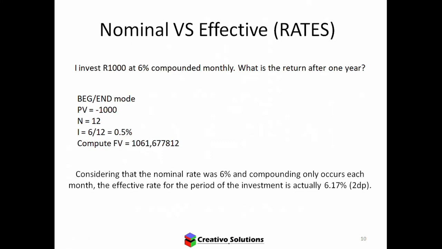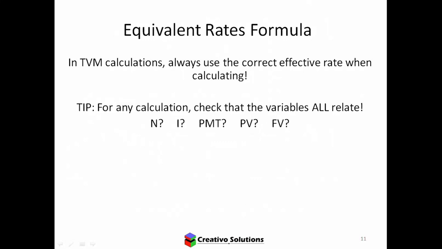So in order to do the calculation, if I'm working out the actual growth, in other words, I started with 1,000 and I ended with 1,061.677812, that actually gives me an effective rate for the overall period. So in other words, the full year, as a rate of 6.17% if I'm rounding that off to 2 decimal points. So that's something to note.